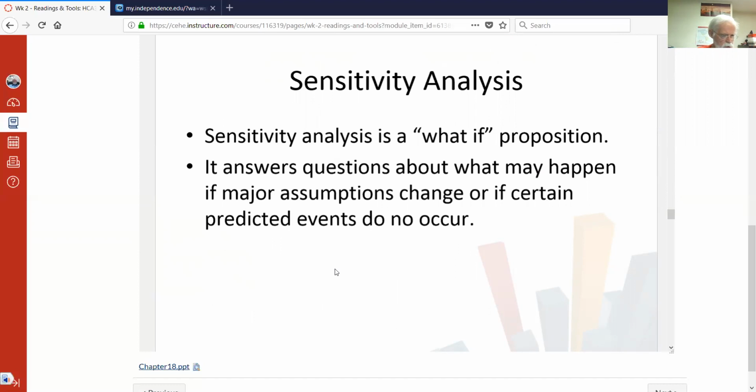especially in an organization that has so many variables in the way it gets its revenue. So we look at sensitivity analysis as part of our budget to say, well, what happens if we have a sudden change in demographics? What happens if we experience a major disaster?